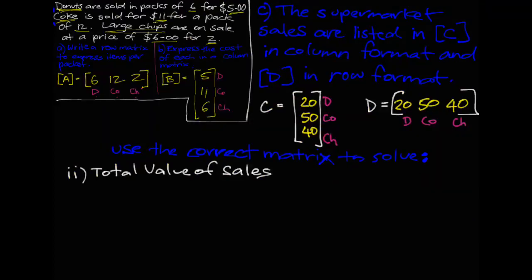And for item 2, use the correct matrix to solve total value of sales. Okay, as you know, total value of sales is equal to dollars per packet multiplied by number of packets sold.